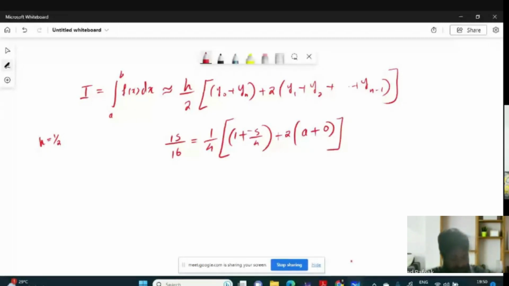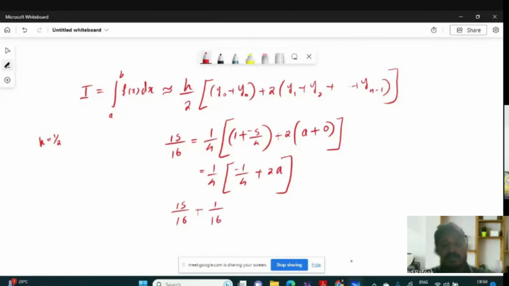1 by 4 into 1 minus 5 by 4, minus 1 by 4, plus 2a. You can take 15 by 16 plus minus 1 by 16.